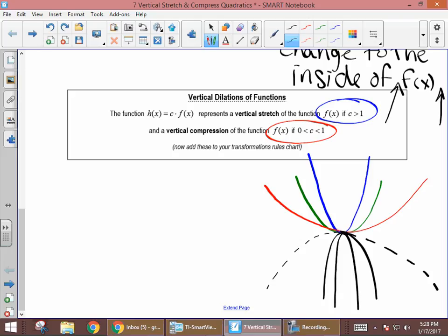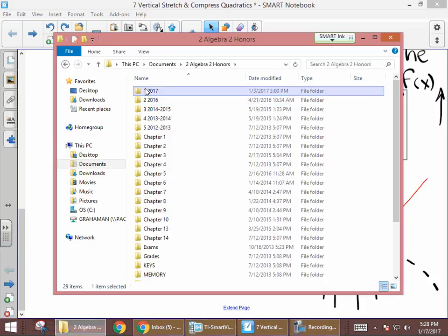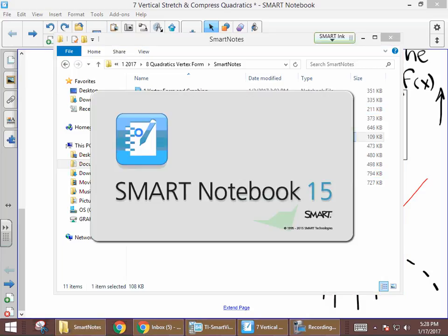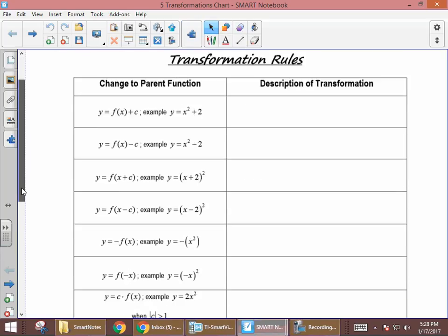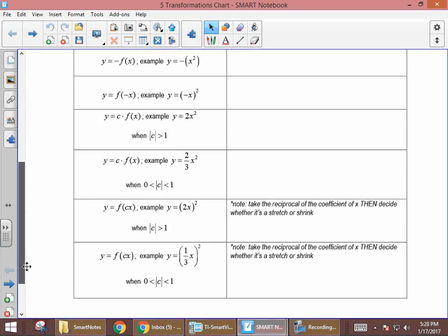So now you can add these transformations to the rules chart, which I don't have open, but I can get that kind of quick. Transformations chart. All right, so we've done the first 6 in class, but now we can do this. And when the absolute value of c is greater than 1, it makes it more narrow.